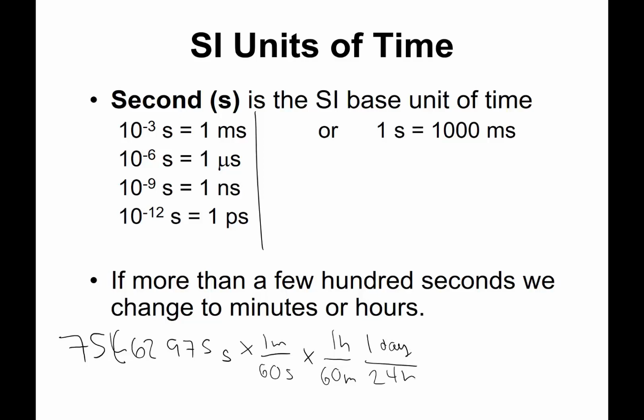And these are conversion factors that you know, that you're familiar with, right? And then 1 year, we're going to take the leap year into consideration, is 365.25 days, right?